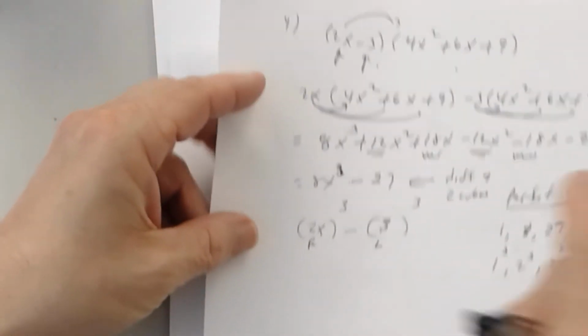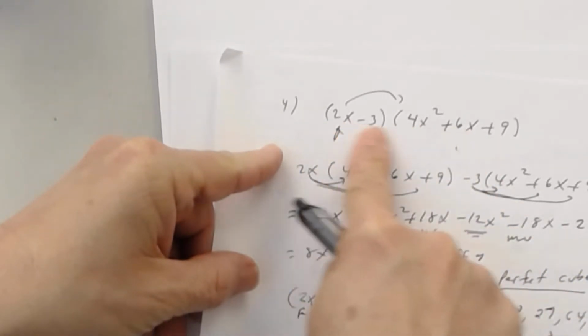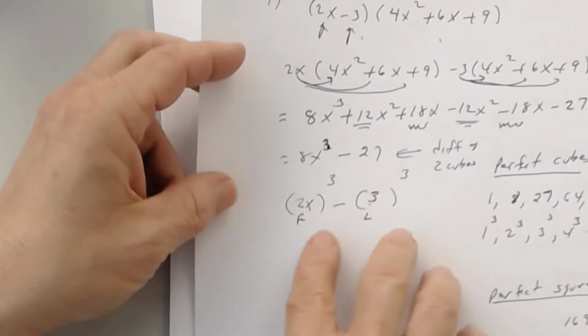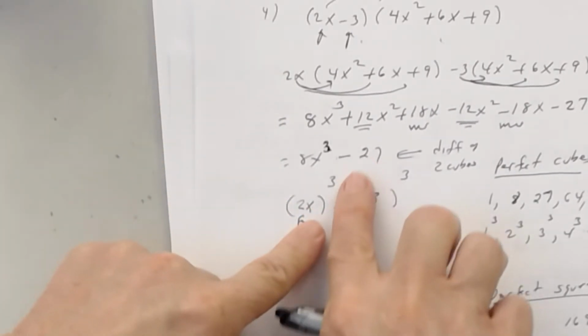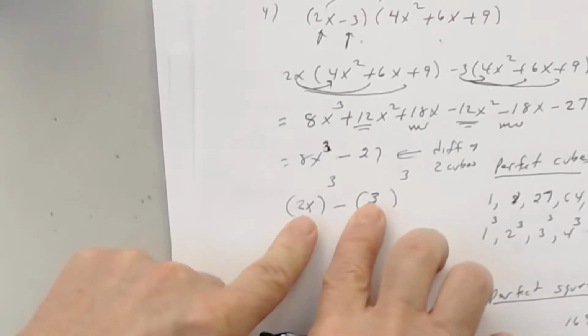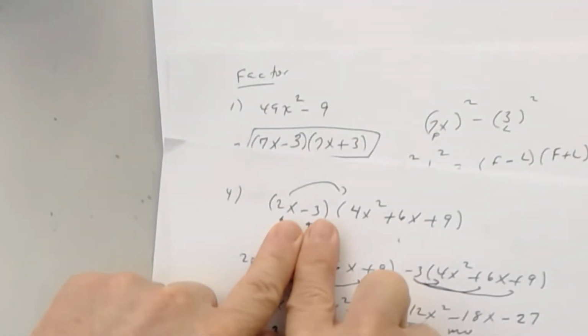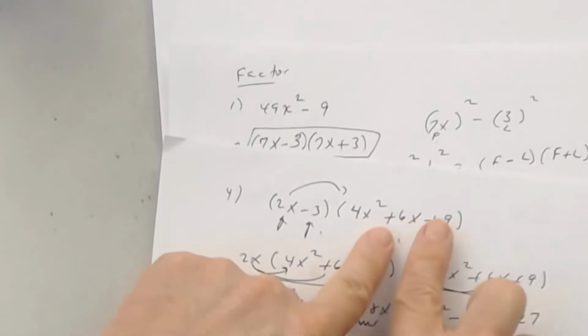Now, let's go back and talk about this relationship right here. Whenever you factor the difference of 2 cubes, you're going to get a binomial. See, this is a binomial, right? Times a what?